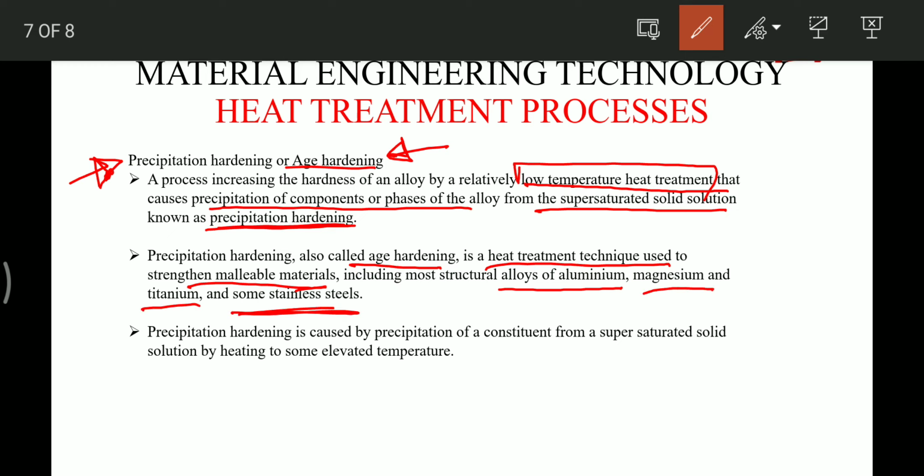So basically this is carried out on malleable materials for strengthening malleable materials like these alloys of aluminum, magnesium, and titanium. Precipitation hardening is caused by precipitation of constituents from the supersaturated solid solutions by heating to some elevated temperature, that we have already told. The main advantage of this process is that this heat treatment process is carried out at low temperature.